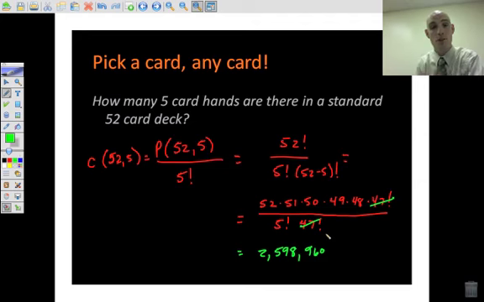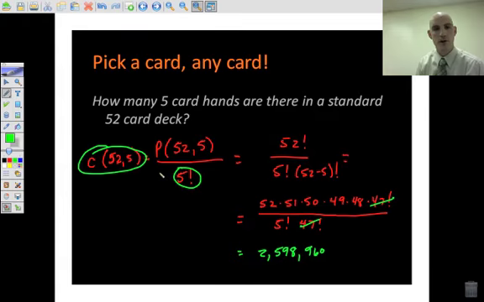That's over 2 million hands. That's almost 2.6 million different combinations of 5 cards. Now you see why poker is so lucrative, because you can bet on a hand, but there's almost 2.6 million other hands that it could possibly be. Okay? So that's how this works. The combination formula is slightly different because we're dividing by the number of objects that we're picking.